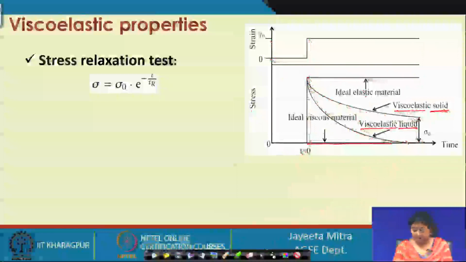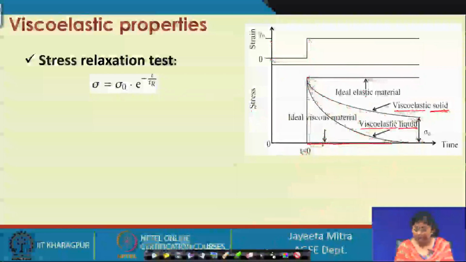So, what happens is that viscous material, which is ideal or pure viscous material, responds immediately to applied stress and starts flowing. So, what actually happens during flow?